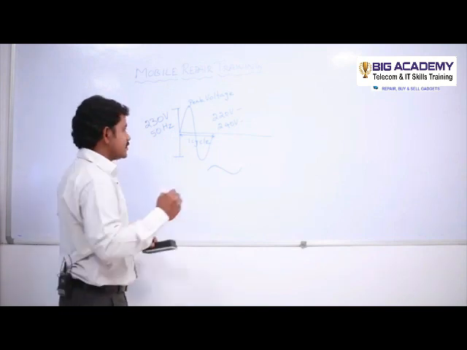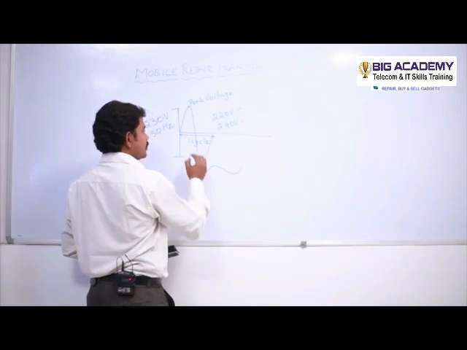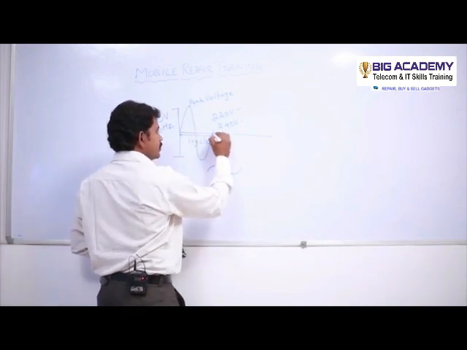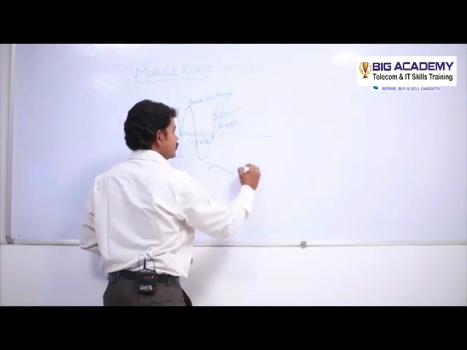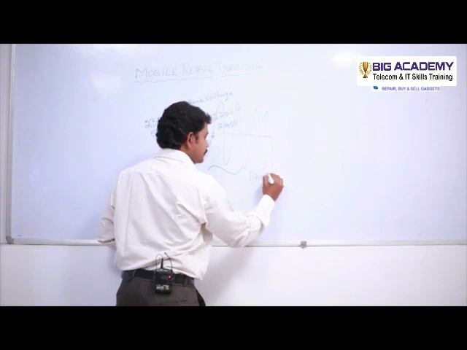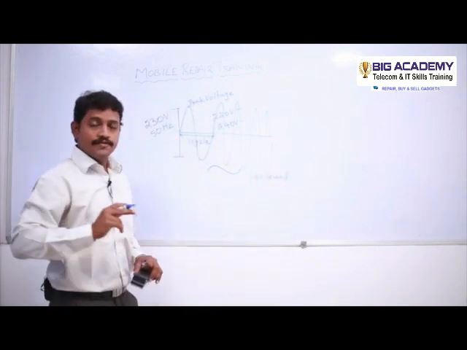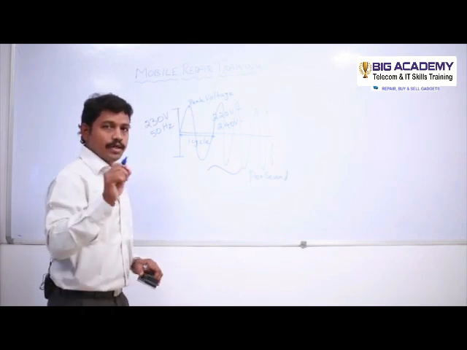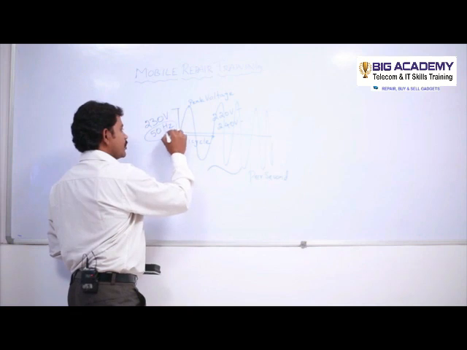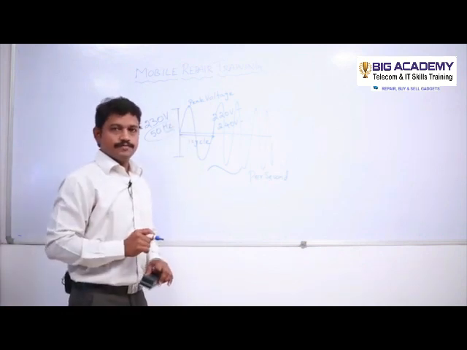This is one cycle, and similarly, if this repeats 50 times per second, we calculate it as 50 hertz of frequency. Hertz is a unit of frequency.